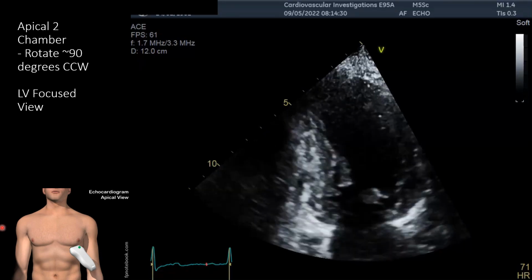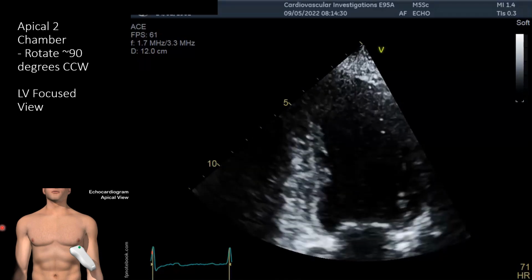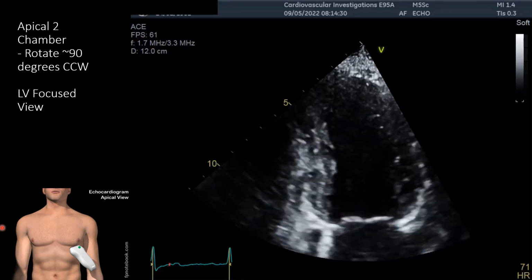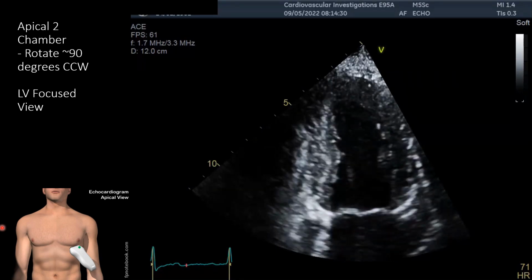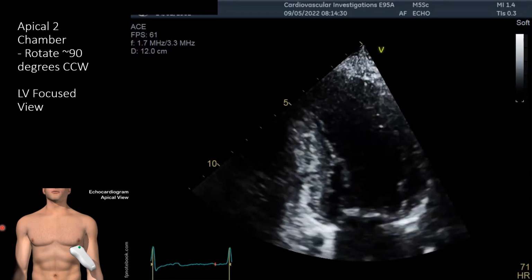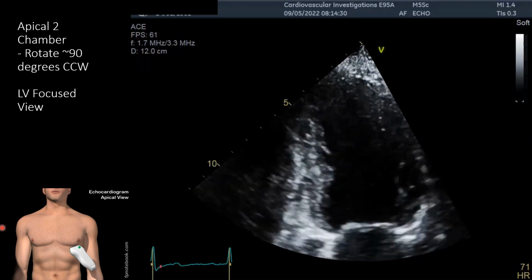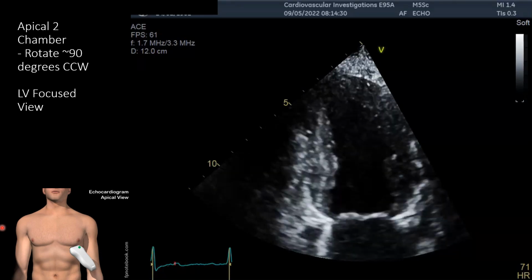And then we move to the apical 2-chamber view. The probe is in the same position as it was for the 4-chamber view, but the probe marker is now rotated approximately 90 degrees anti-clockwise, so that it's pointing towards the patient's head.